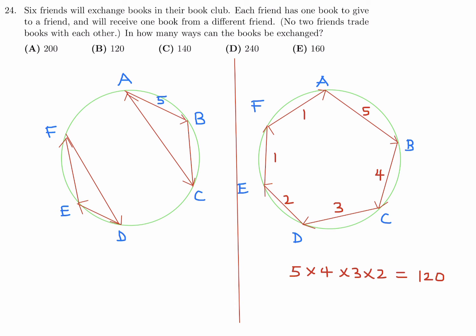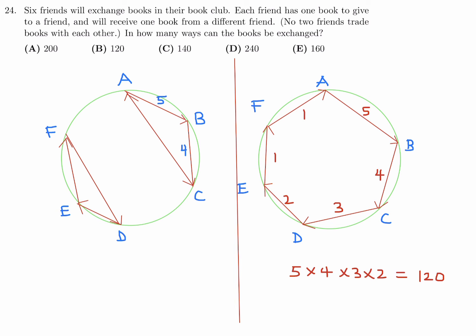And then once you have B, B is going to give a book to C, right? So I've written B to C. But instead of C, we could put here D, or we could put E, or F. So there's 4 possible choices for that letter. And therefore, this is 4.